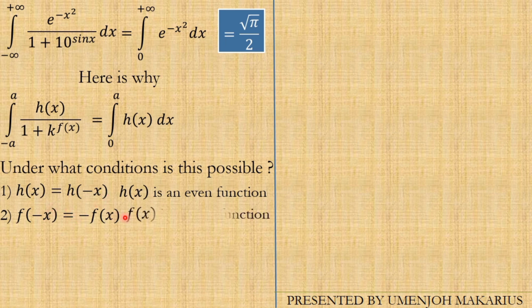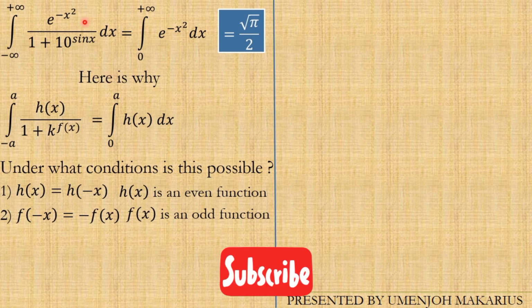In other words, f of x has to be an odd function. So these are the two conditions under which this is possible. For instance, what if here we had a cosine function? This condition fails.